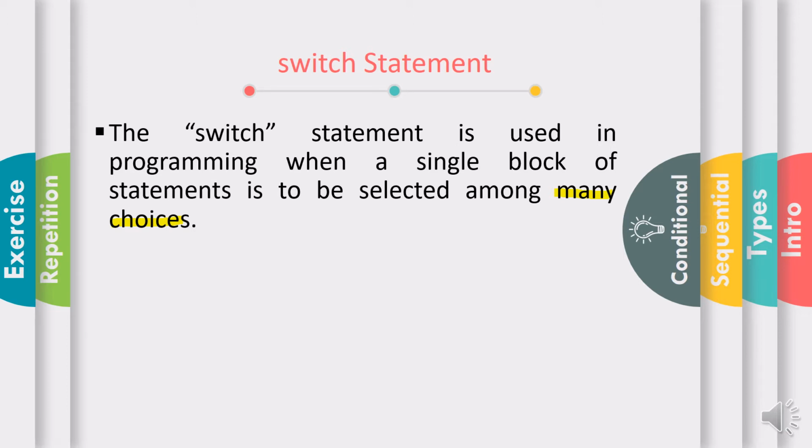When we discussed else if statement, we also discussed that else if statement is also implemented to select among various choices, just like the switch statement. Now, you have to understand the switch statement. After understanding the switch statement, we will be able to differentiate between else if statement and switch statement.